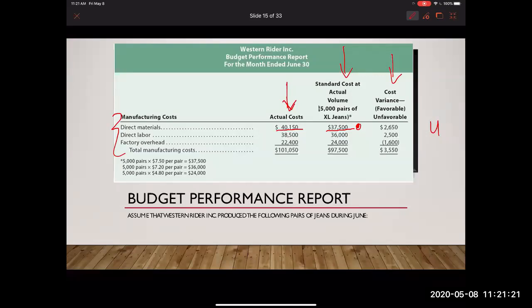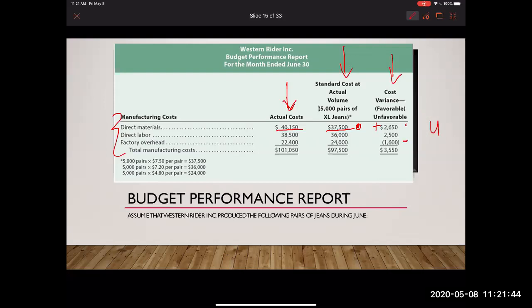However, we spent above and beyond what our budget called for. Therefore, we have a $2,650 unfavorable variance. What's important to also recognize here is that unfavorable variances will be positive numbers and favorable variances will be negative.